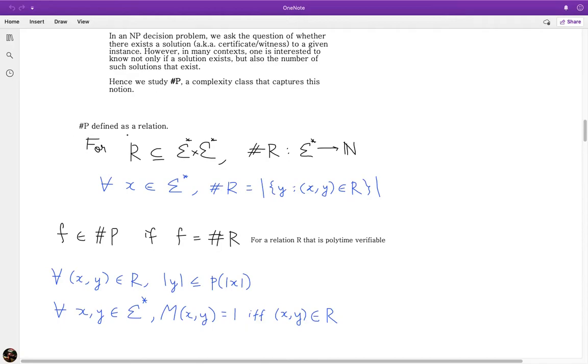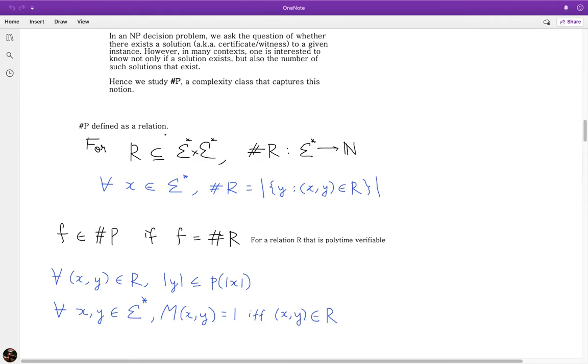And here again we can define #P in terms of a relation. Let's consider R as a relation which is a subset of sigma star times sigma star, and #R would be defined as a mapping from a string to a natural number n.